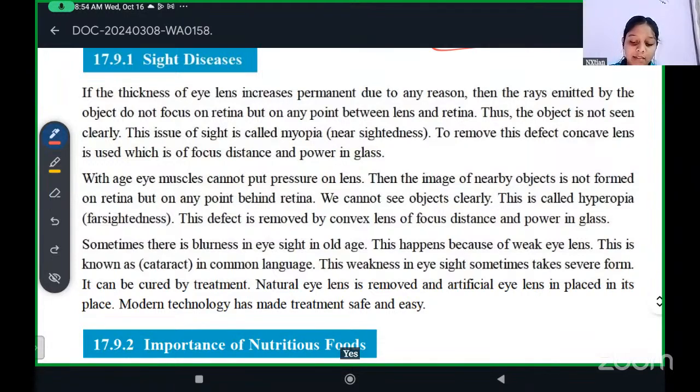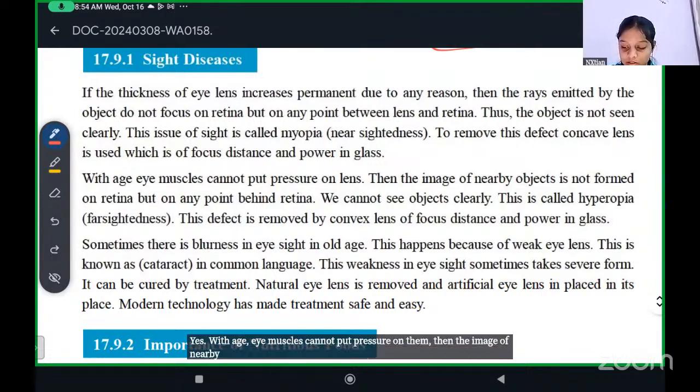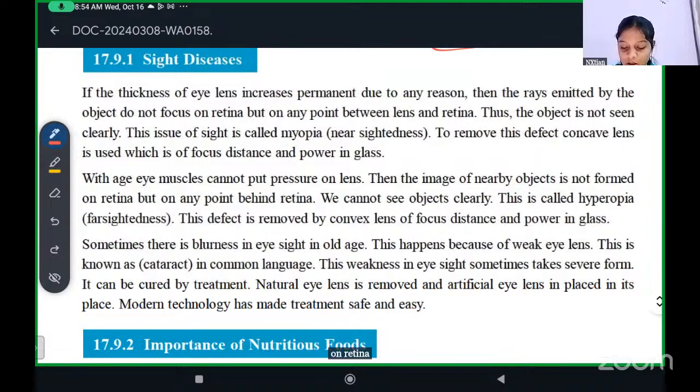With age, eye muscles cannot put pressure on the lens, so the image of nearby objects is not formed on the retina, but at a point behind the retina. We cannot see objects clearly. This is farsightedness.